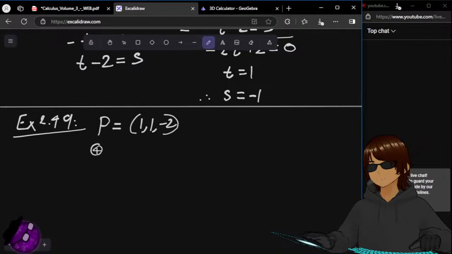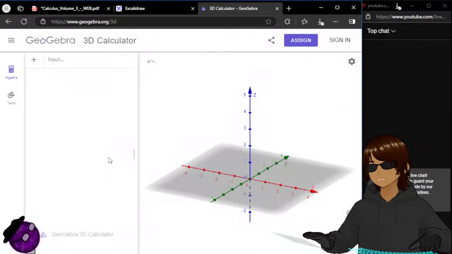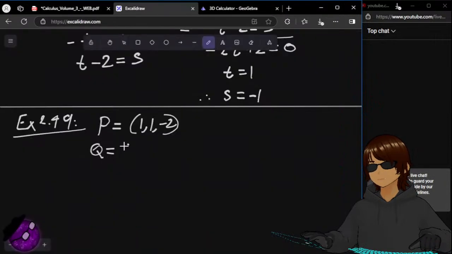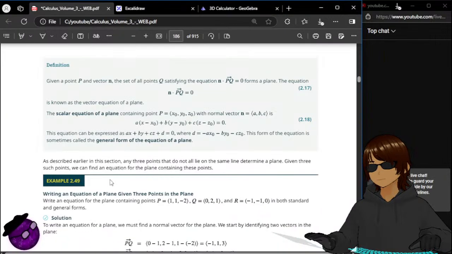Point Q is (0, 2, 1). And point R is (-1, -1, 0).